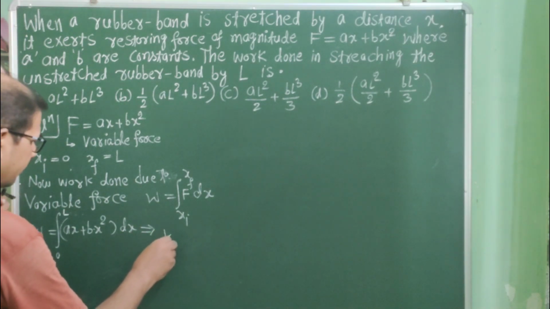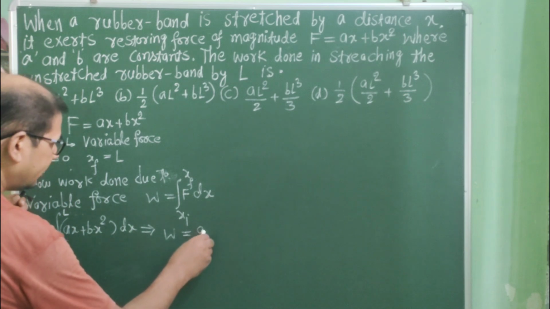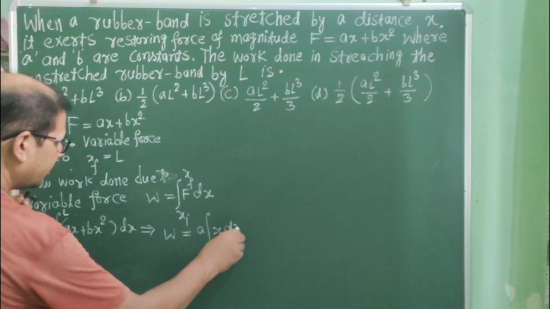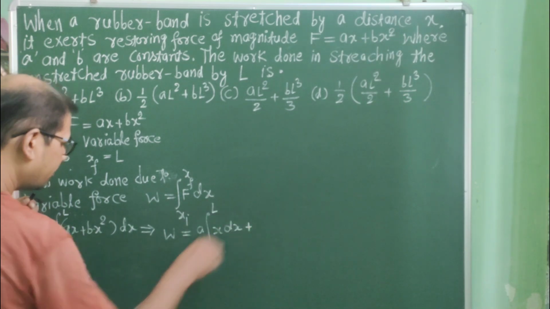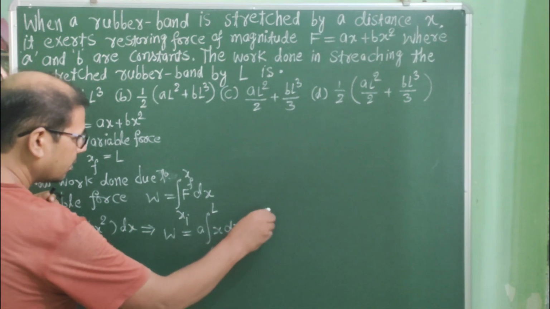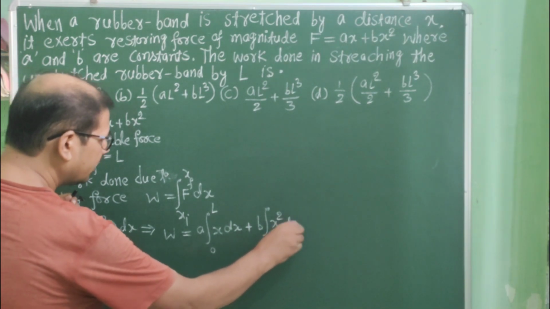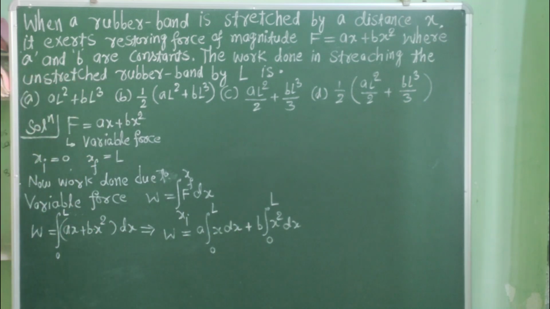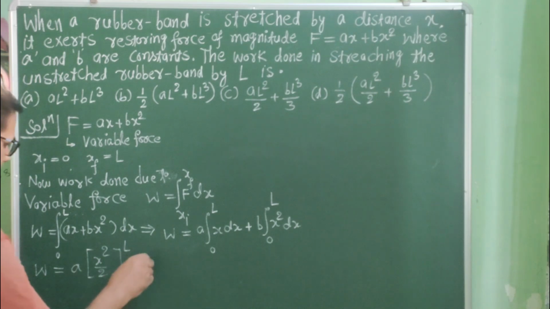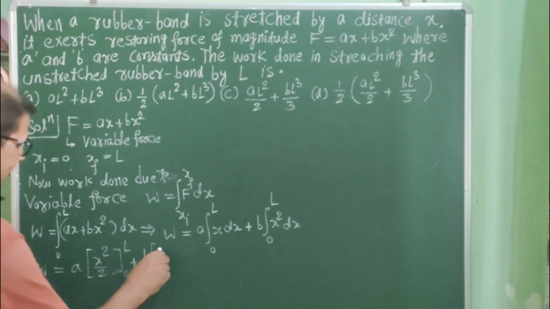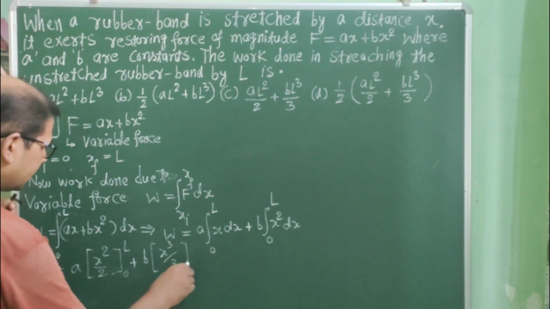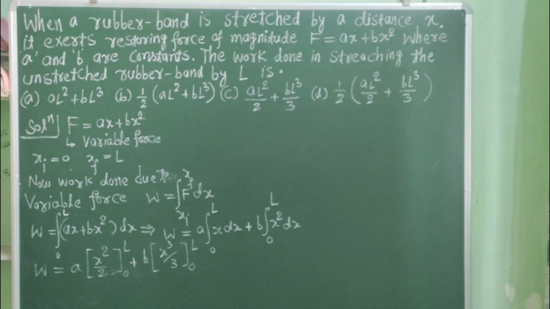Now W equal to a times integration of x dx from 0 to L, plus b times integration of x square dx from 0 to L. Correct? W equal to a times x square divided by 2 from 0 to L, plus b times x to the power 3 divided by 3 from 0 to L. Correct?